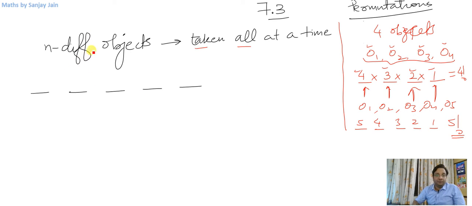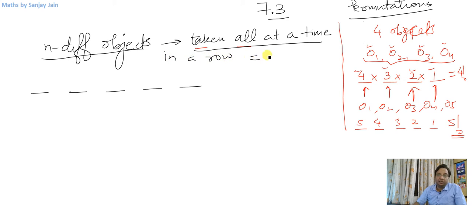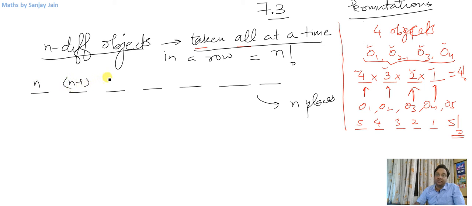So the number of ways of arranging n different objects taken all at a time in a row is going to be equal to n factorial, because if I use all of them, let these be n places. So first place can be filled in n ways, second in n minus 1, third in n minus 2 ways, fourth in n minus 3 ways, and so on.